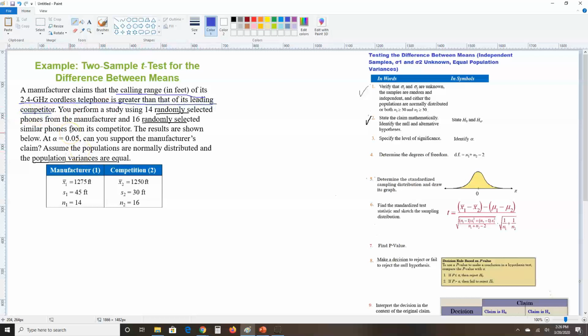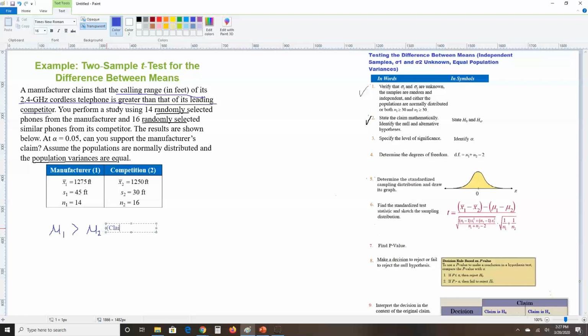So we're comparing the mean distance of these cordless phones, and the claim says that the mean distance of the first phone is greater than the mean distance of the competitor. That's how we write it. Don't forget, after you translate the claim from words into math, you have to put the word claim in parentheses.